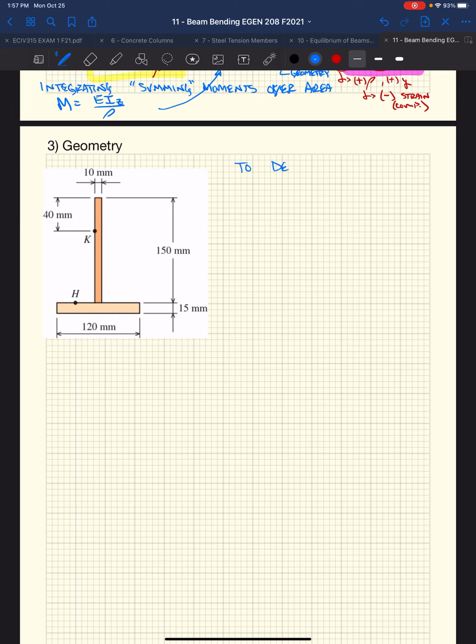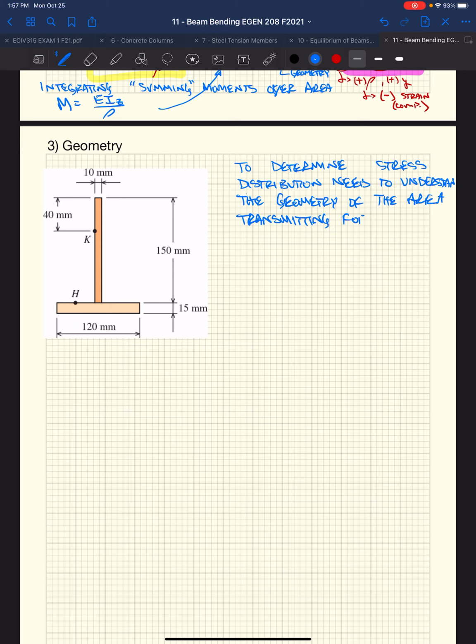So to determine stress distribution, we need to understand the geometry of the area transmitting the force, most notably.